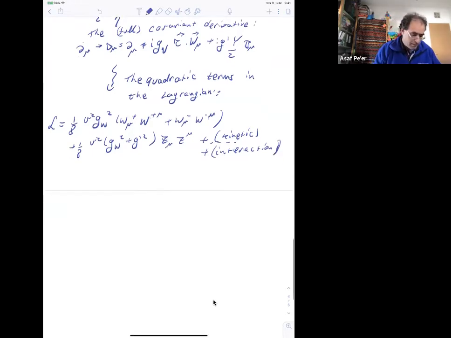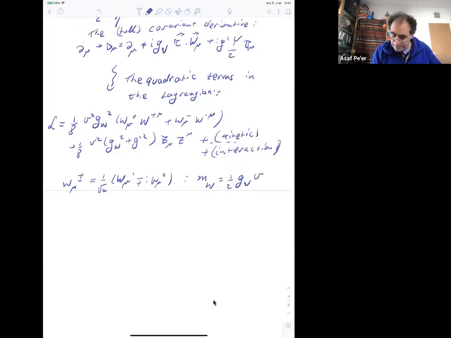Then we end up with W mu plus minus, which, to remind you, is 1 over square root of 2 of (W mu 1 minus plus i W mu 2), and the mass would be 1/2 g weak v. That's because we have here 1/8 v squared g weak squared, which is 1/2 m squared.